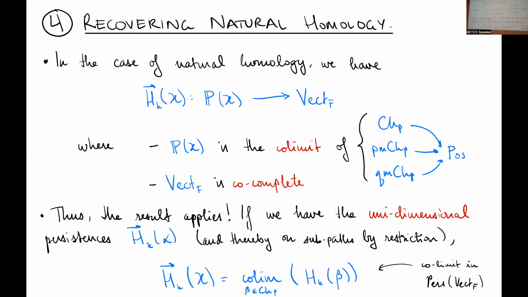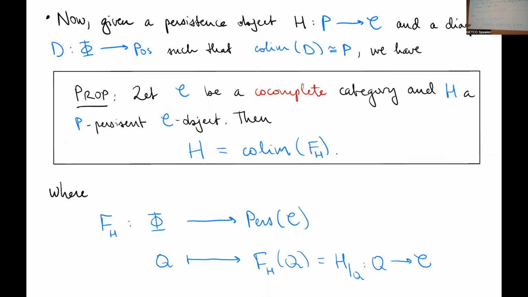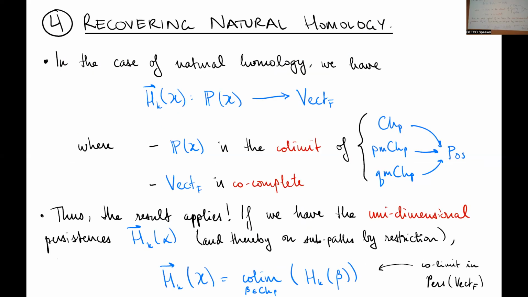But the nice thing is that in the case of natural homology, we've got this poset P of x, this poset of traces, which is the colimit of all of these different functors that we talked about before. Most notably, I guess, this quasi-maximal chain category of P. And the category of F vector spaces is co-complete. So we can apply the result we had on the previous slide and recover HK of x as the colimit along chains in the trace poset.